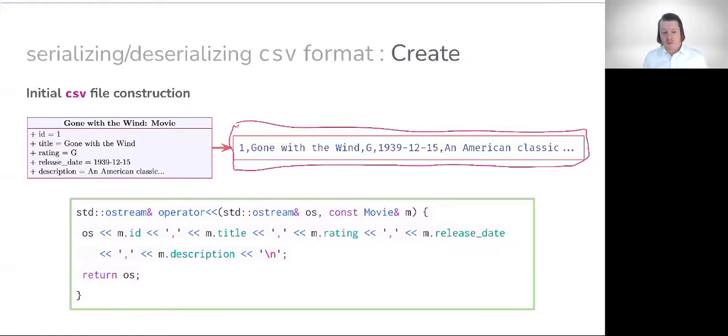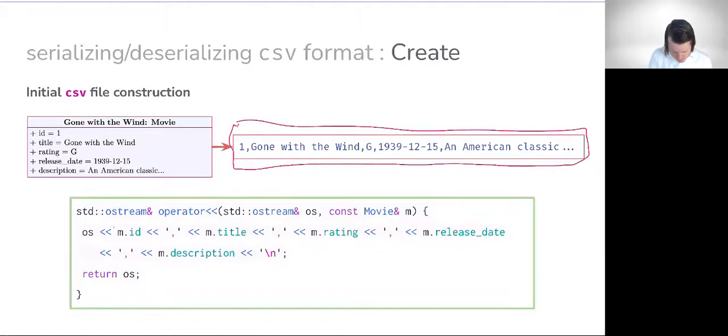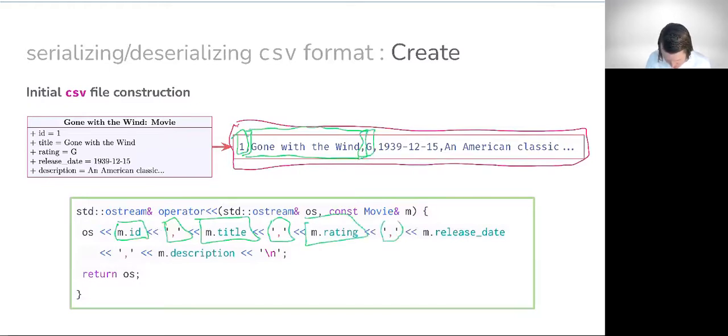With the overloaded insertion operator, I'm simply going to write the ID followed by a comma to denote the end of that field, followed by the title, followed by a comma to denote the end of that field, followed by the rating, again a comma to denote the end of the field, release date, comma, description, and guess what?